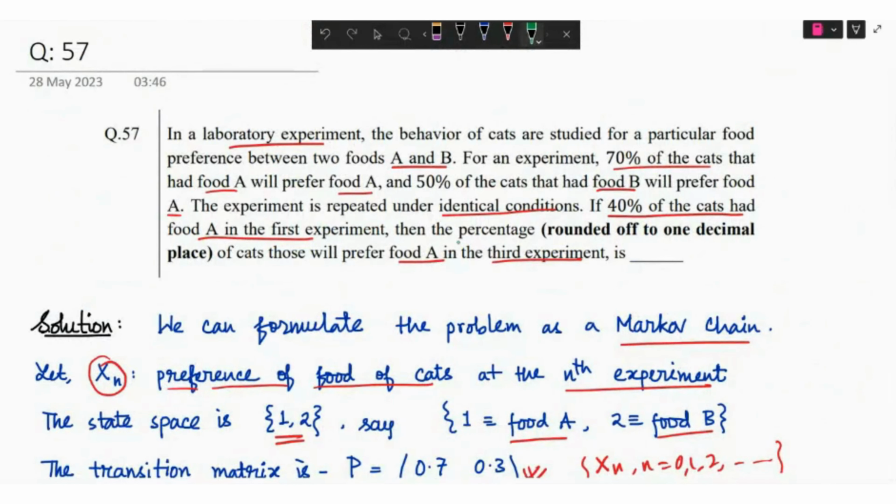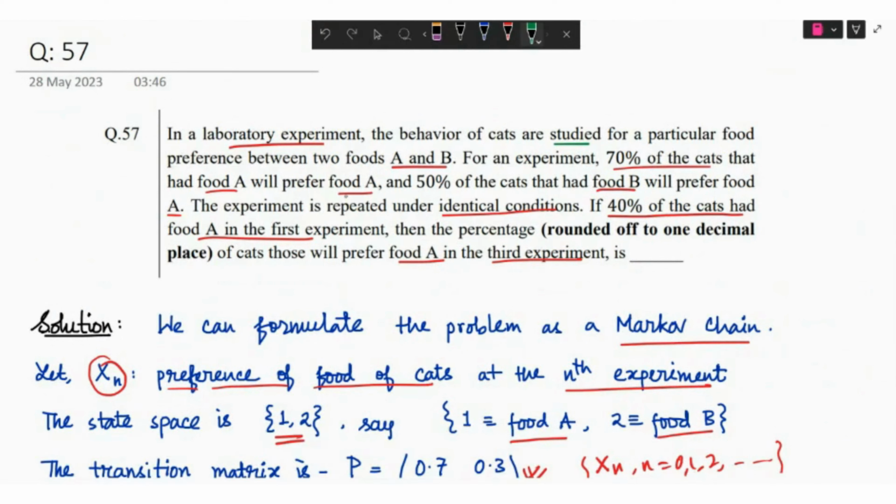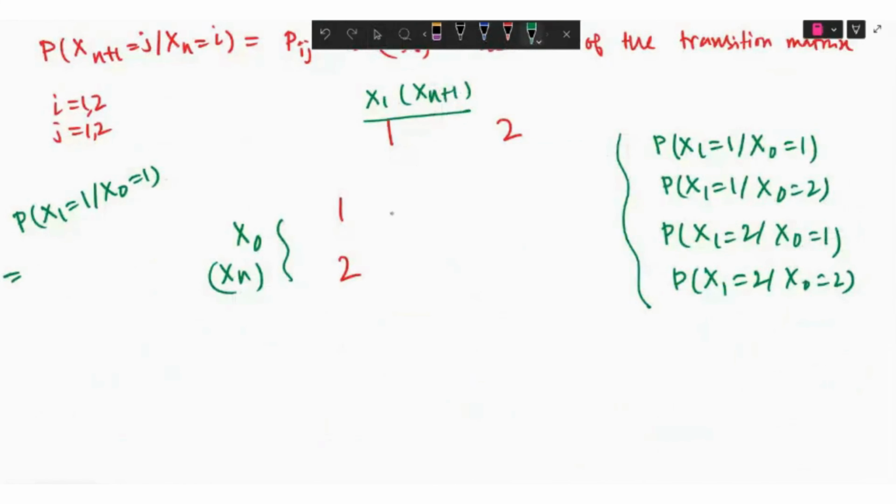The behavior of cats is studied for a particular food preference between two foods. For an experiment, 70% of the cats that had food A will prefer food A. So given 1, they will also prefer 1 with probability 70%, that is 0.7. That is how we calculate the probability of X1 equal to 1 given X0 equal to 1.